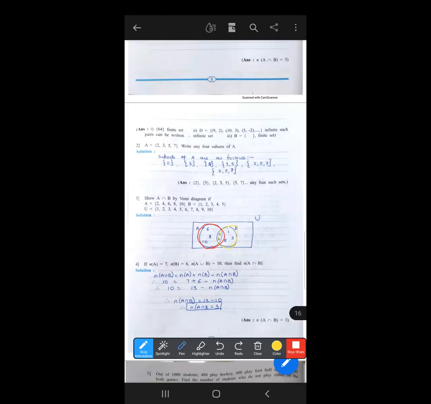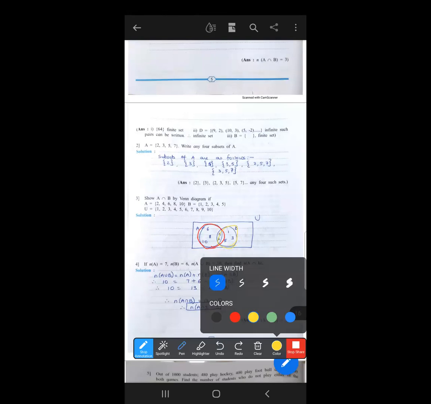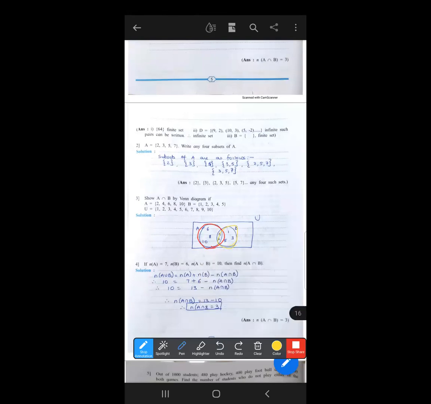And the common elements, which are the common elements? 4 and 2. So here you can see the common part, that is 4 and 2.